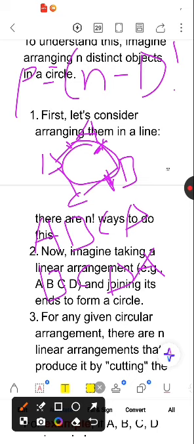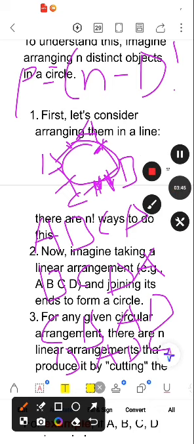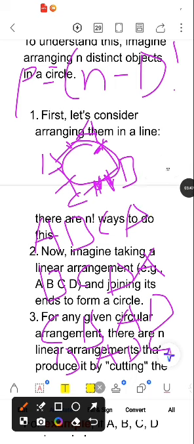We can get 4 out of it. If I cut at this end, I get C, D, A, and then B. And if I cut here, I get D, A, B, and then C. So out of just a single circular permutation, we are getting 4 linear permutations.